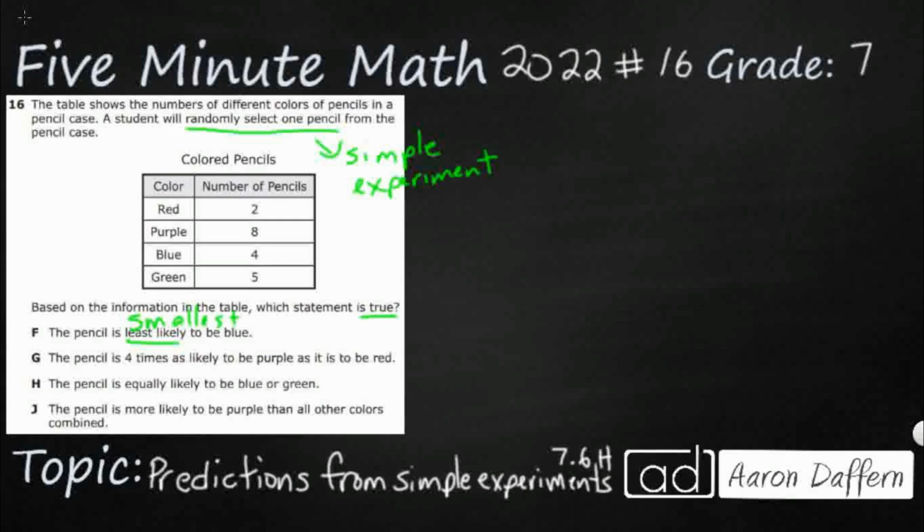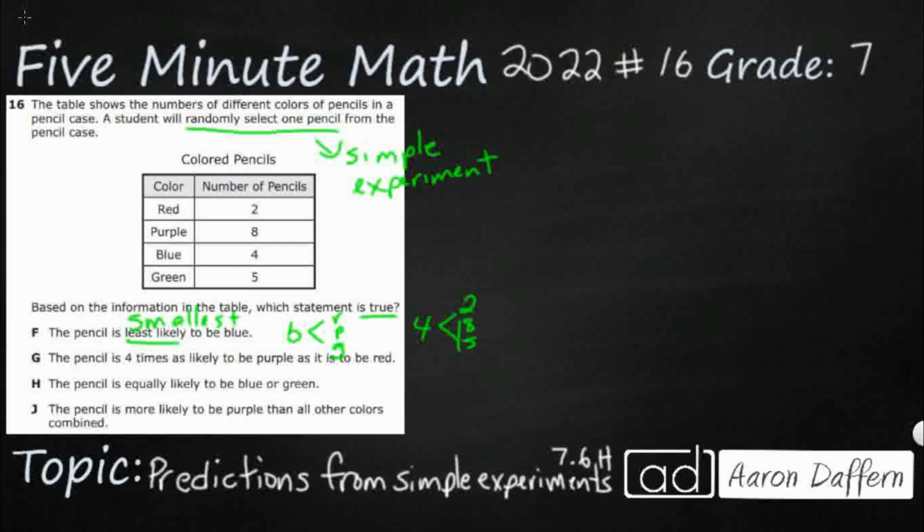That's the smallest, so that means blue is going to be less than any of the others. It's going to be less than red, less than purple, and less than green. So let's see if that's true. 4 is less than 2, less than 8 for purple, and less than 5.